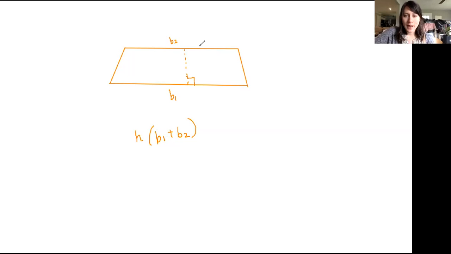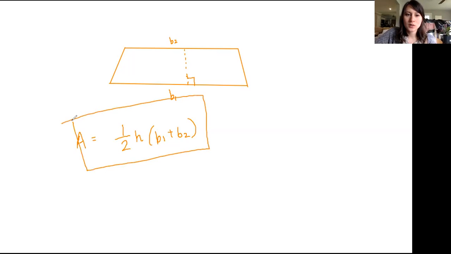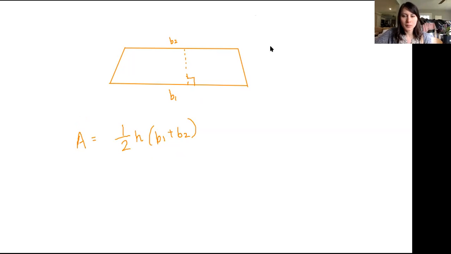Well, if I am just finding this exact area, then I can just divide that by 2 or multiply by 1/2, and I get the area of a trapezoid. So the area of a trapezoid is 1/2 times height times base 1 plus base 2. So that's your equation here. You can write that down in your notes and have that. But basically, we're going to use that to help us find the area.